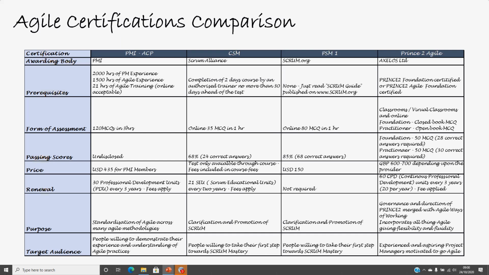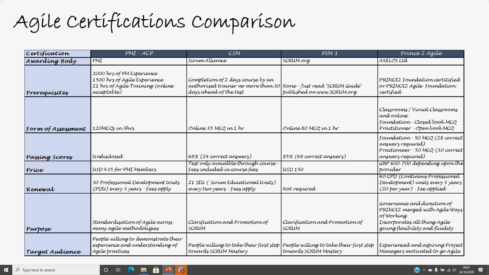And last but not the least is Prince2 Agile. It is issued by the organization which issues the Prince2 certification, Axelos Limited.